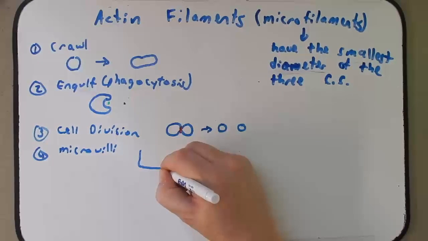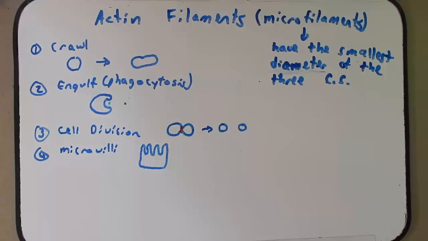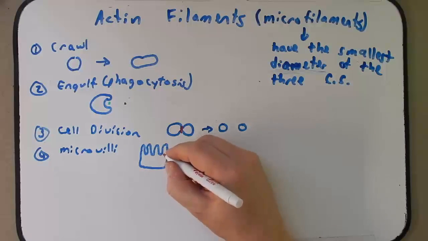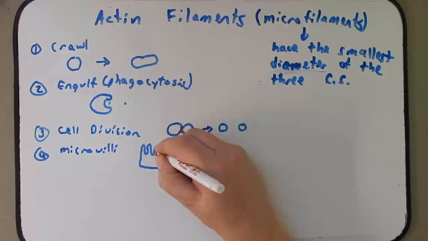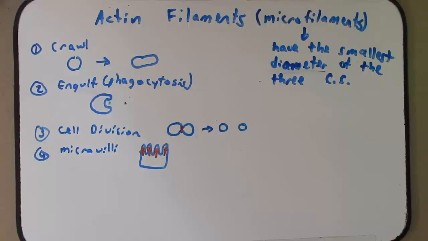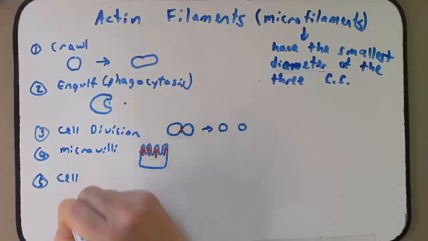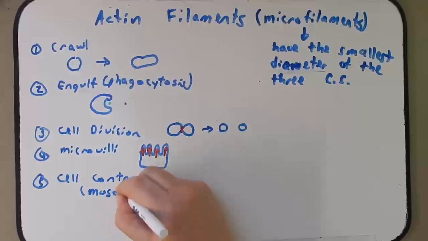You see these in various parts of our bodies, but for instance, lining our gut, we have these protrusions sticking out to increase the surface area of these cells so it can absorb more nutrients. And they're made by having actin cytoskeletons push the membranes up, making these microvilli. Lastly, they're important in cell contraction, mainly that of the muscle contraction.